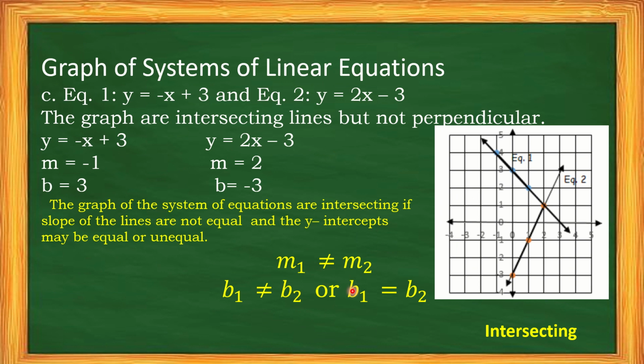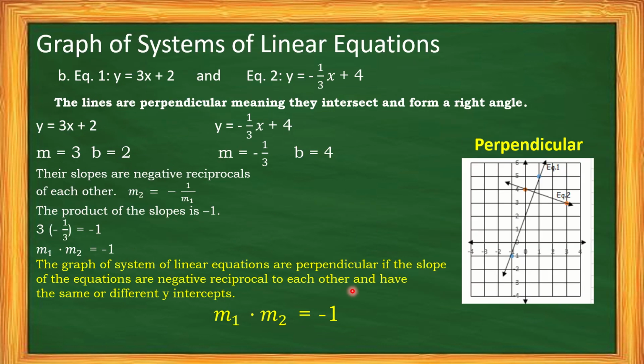In the second example, we have y equals 3x plus 2 and y equals negative 1/3 x plus 4. And as you can see, the given system forms perpendicular lines. Let us now analyze the slope and the y-intercept of perpendicular lines.